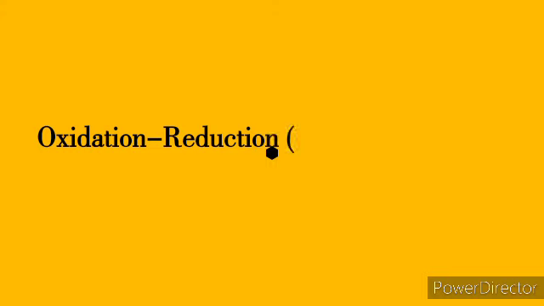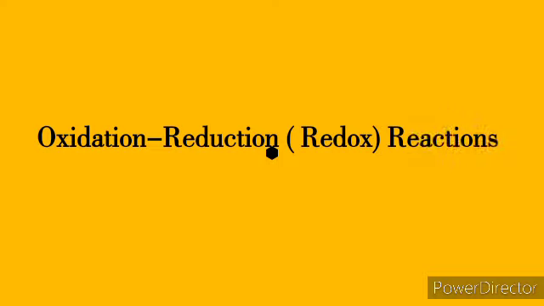Then the oxidation-reduction reactions. Oxidation-reduction, or redox, reactions are paired reactions in which electrons are transferred from one compound to another. When an atom, ion, or molecule loses one or more electrons, it is called oxidation.